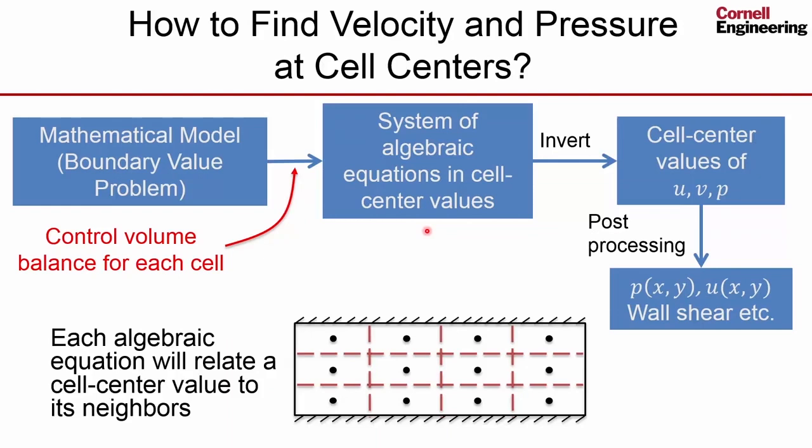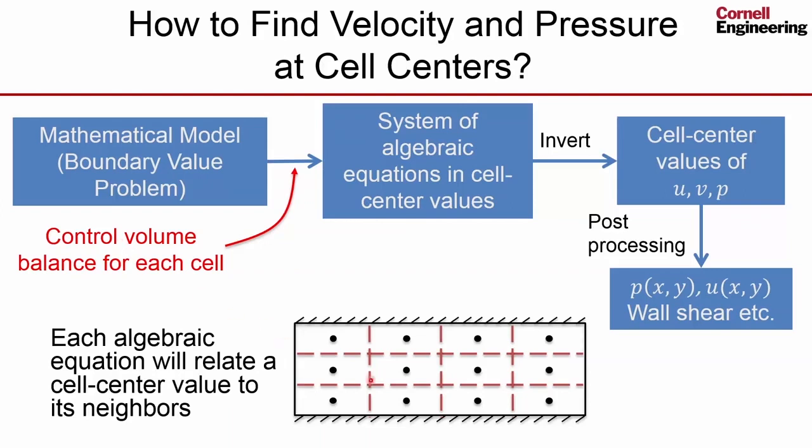Students ask me, how is this framework different from the finite element method? The main difference is how you derive the system of algebraic equations. In the finite element method, you don't do this using the control volume balance. You do it in a different way by going to the weighted integral form and using polynomial interpolations.